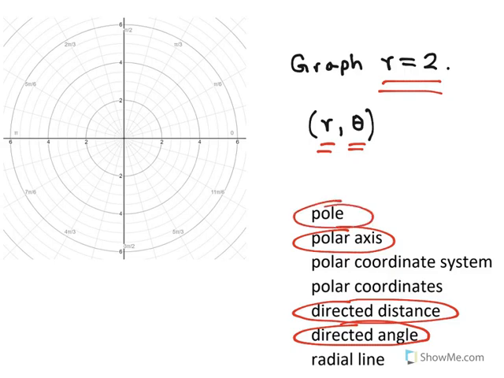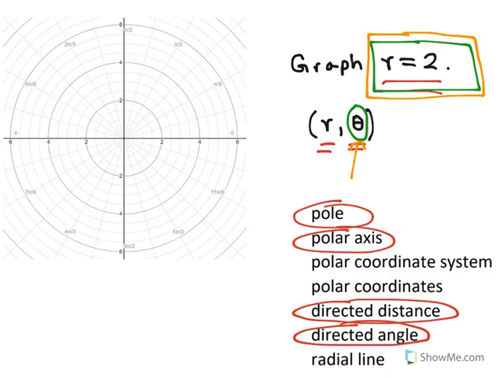So if you have a polar equation such as r is equal to 2, you'll notice that there is no theta there. So what that means is, because we don't have theta, theta can be any angle. But what has to be the case is that for any given angle, the distance from the pole must be exactly 2. So theta can be any angle, but the distance from the pole for any angle must be exactly 2 units.